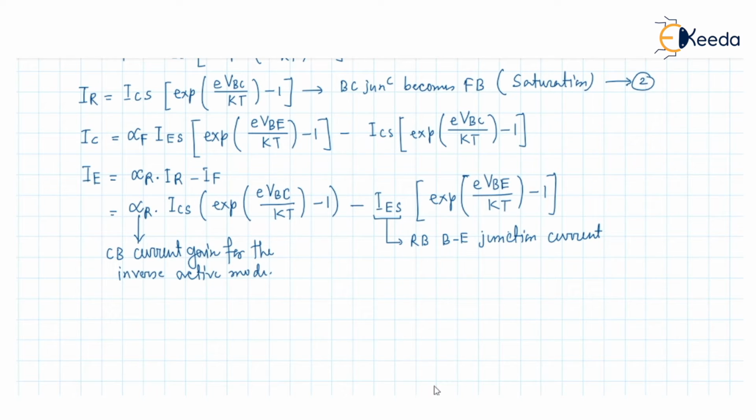These two equations, equation number 3 and equation number 4, give the classic Ebers-Moll model.